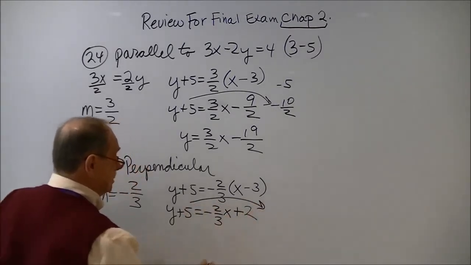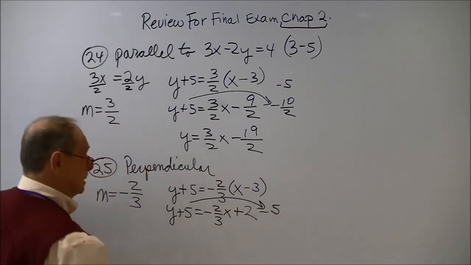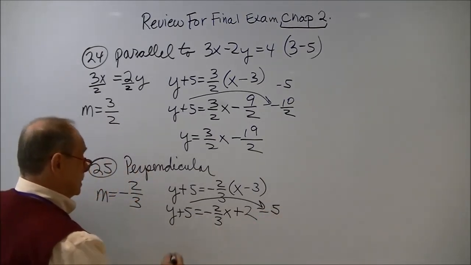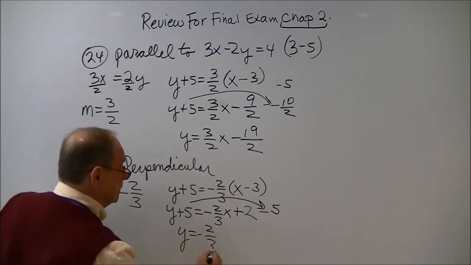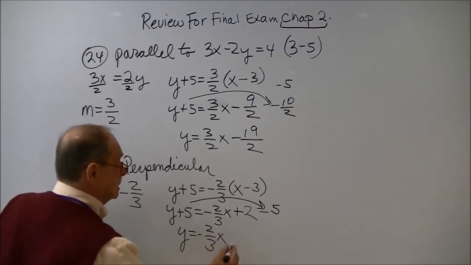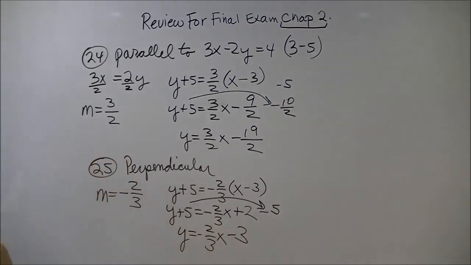Now we transpose that, that's going to become a negative 5 on that side. So we rewrite it now, y equals a negative 2/3 x minus 3. Okay. Well, again, lots of stuff, things that we did back in chapter 2, and hopefully this is a good review for you.